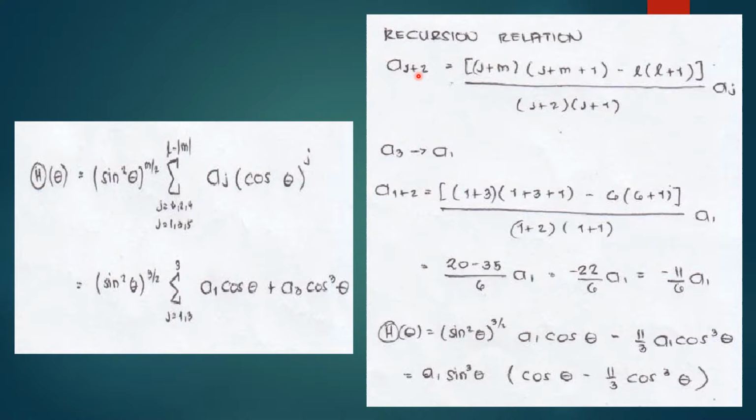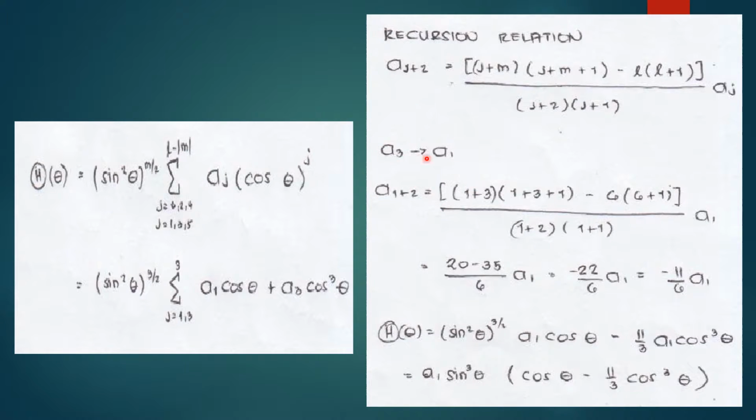The formula for the recursion relation is a j plus 2 is equal to (j plus m) times (j plus m plus 1) minus l times (l plus 1), over (j plus 2) times (j plus 1), times a j. Substitute the value of j that you want your a to have in the equation.